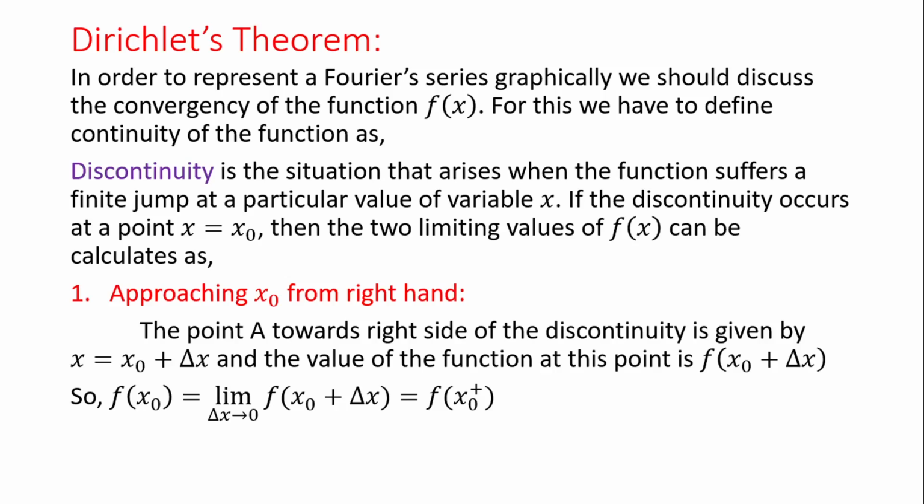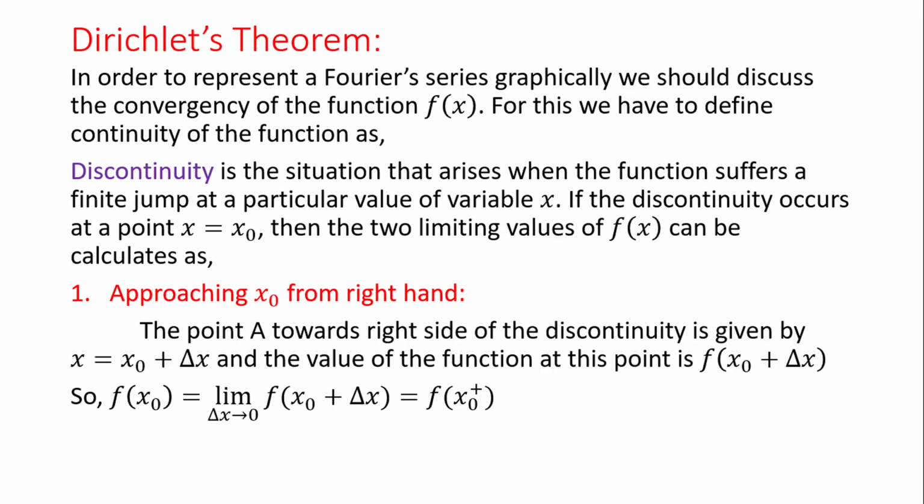Now, how these two values exist? Let us see very first one, that we are approaching the discontinuity, the finite jump at x0 from a right hand side on the graph.